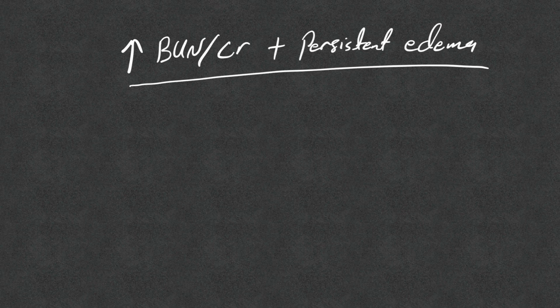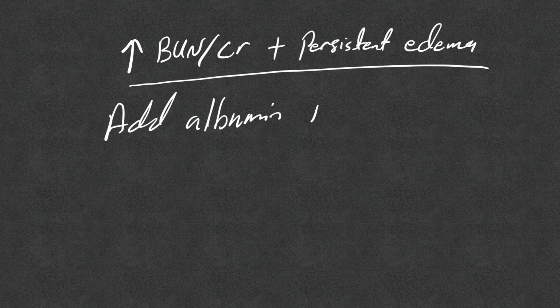Now, how about a patient that you notice their BUN and creatinine is going up despite persistent or worsening edema? This is a kind of challenging case here. What I do, I add albumin 15 to 20 minutes before administering the diuretics.